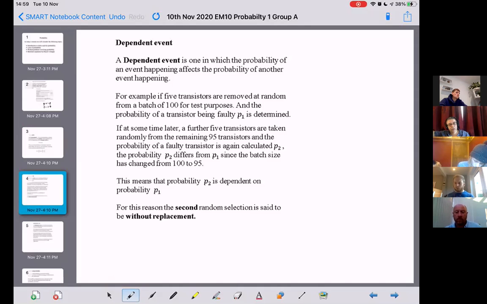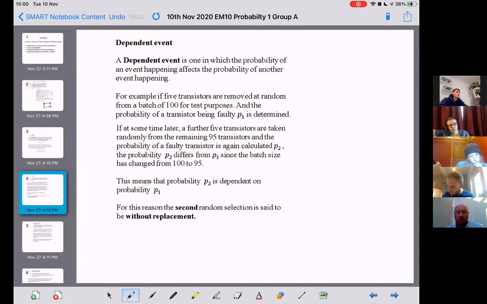Dependent event. A dependent event is one in which the probability of an event happening affects the probability of another event happening. For example, if 5 transistors are removed at random from a batch of 100 for testing purposes, and the probability of a transistor being faulty, P1, is determined. If some time later, a further 5 transistors are taken randomly from the remaining 95 transistors, and the probability of a faulty transistor is again calculated, P2, the probability P2 differs from P1 because the batch size has changed.